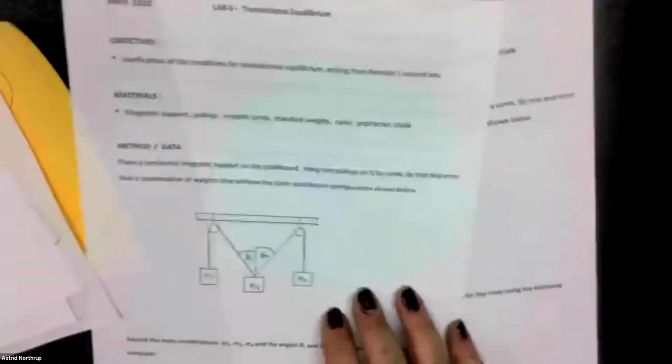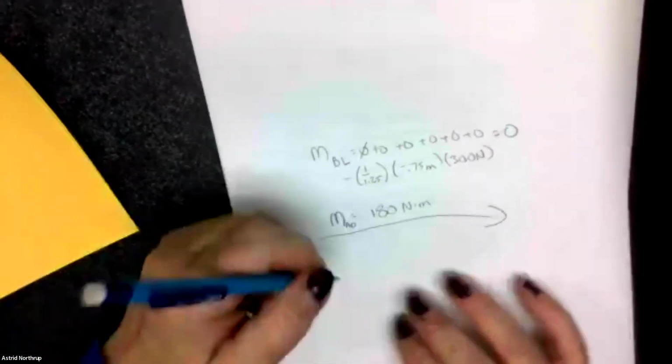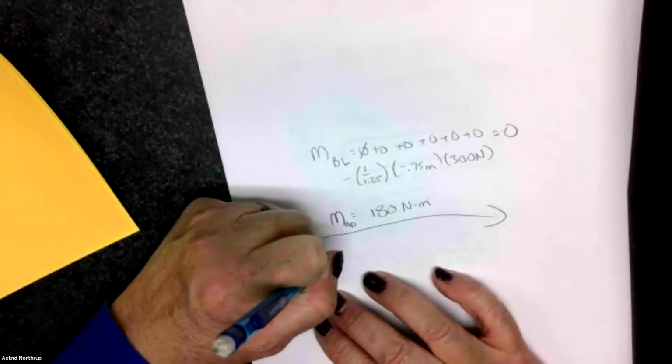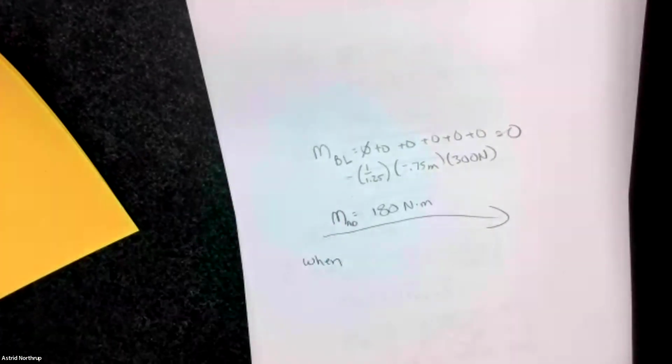Okay, so let me think if I can explain this. I'm going to write this out. I see the question mark, so I'm going to try one more time. Let's go back to this.